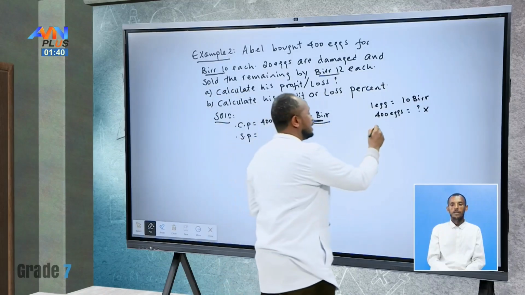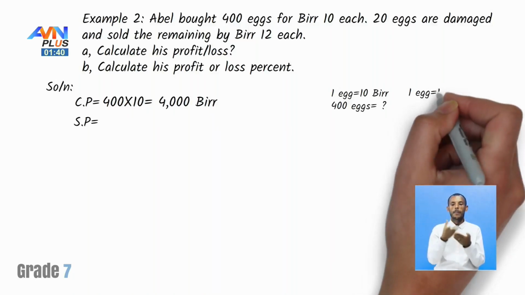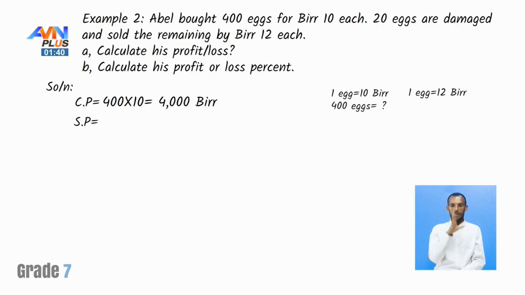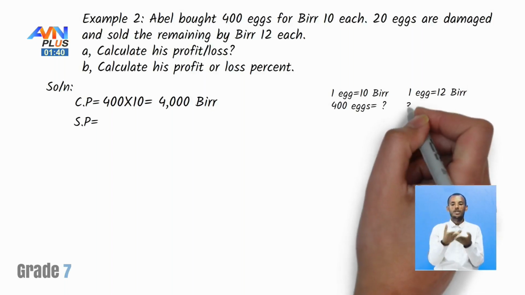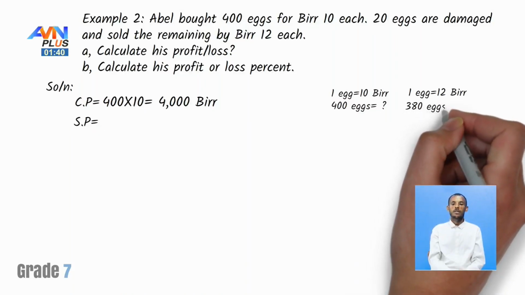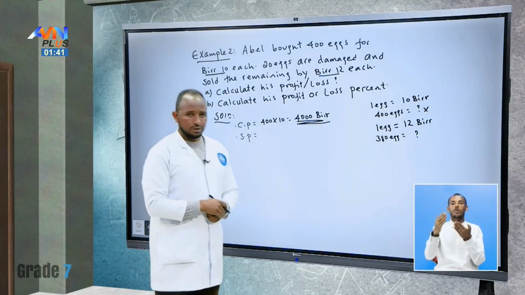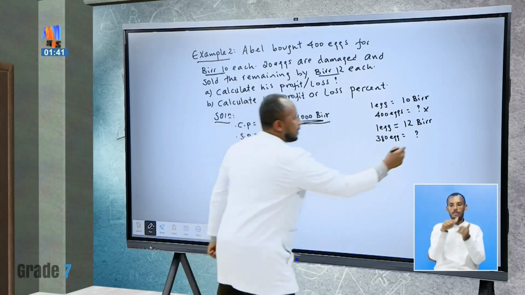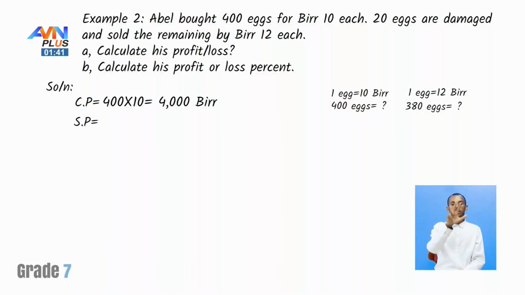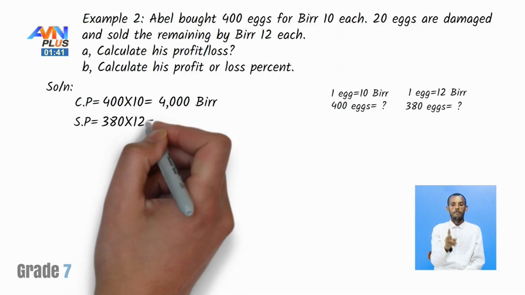Therefore, one egg will be sold for 12 birr. And how many eggs has he sold? 400 minus 20, because 20 are damaged. Therefore, 380 eggs will be sold for how much? To find this, you take the product of the two, 380 times 12. Okay, let's multiply it here.